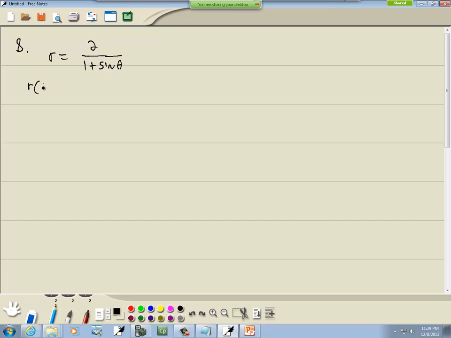So multiply times r, and we'll multiply the right side by it. Those 1 plus sine thetas cancel there. R times 1 is r. R times sine theta is r sine theta.